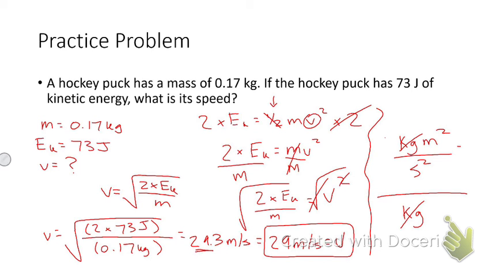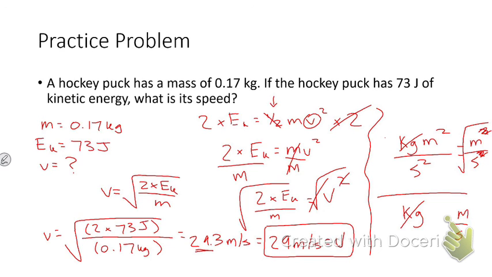Then I'll be left with meters squared per second squared. When you take the square root of that, the squares cancel, the square root goes away, and you'll be left with meters per second. Really good question.